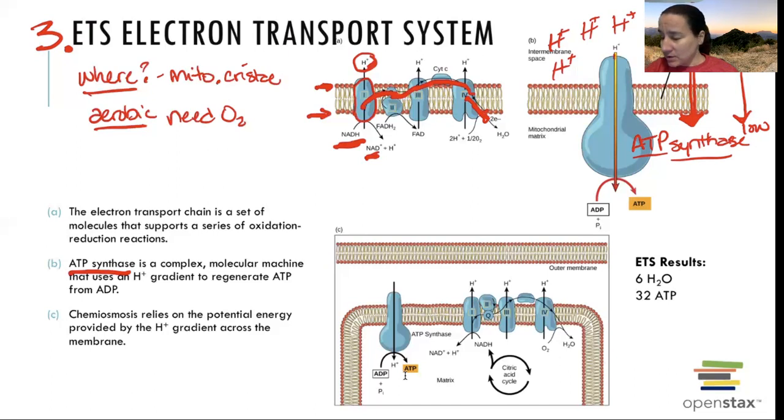And here we've got a hydrogen. It's going to come through, and as it comes through, it powers this pump. The pump is going to use that energy as the hydrogens come through to snap on that third phosphate, to tack it on. So we're going to go from ADP and its lonely little third phosphate that had broken off, and we're going to use the energy from this pump to now create ATP.